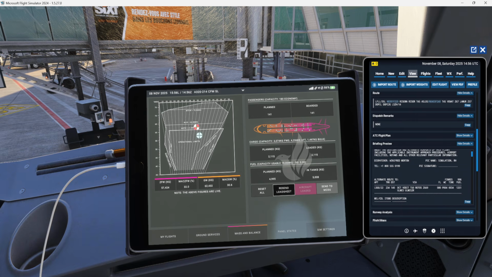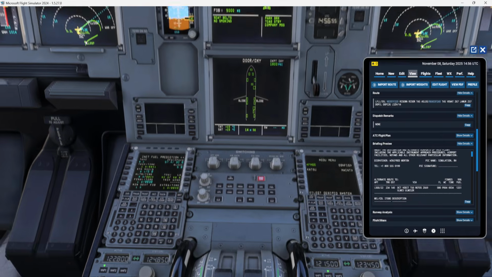The zero fuel mass of the Airbus A320 varies between 61 tons, which means 61,000 kilograms, and 64,300 kilograms, depending on the aircraft, whether it is Neo, CEO, and so on. Okay, so we know our limits. Let's see our limits in this case.